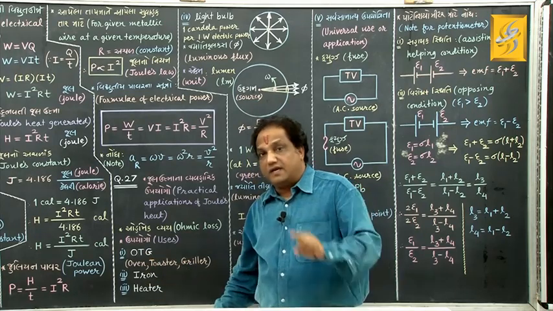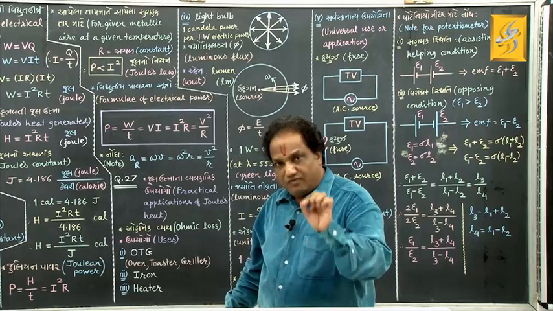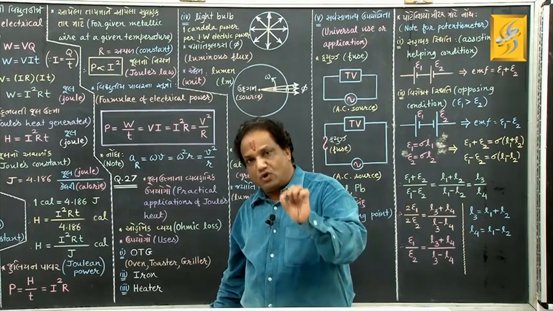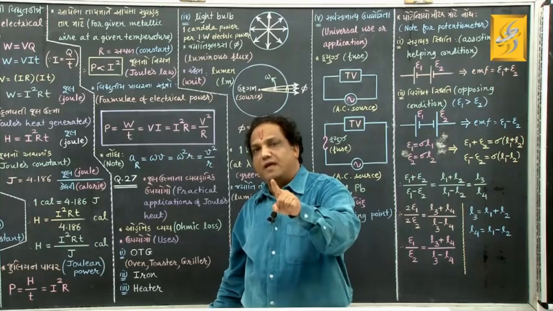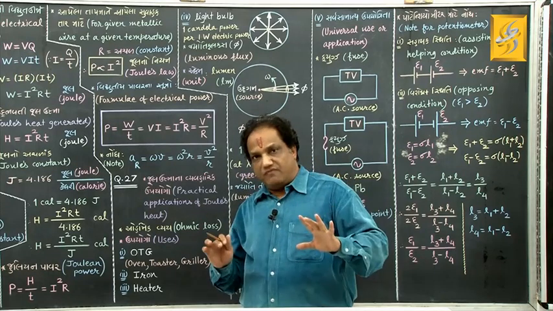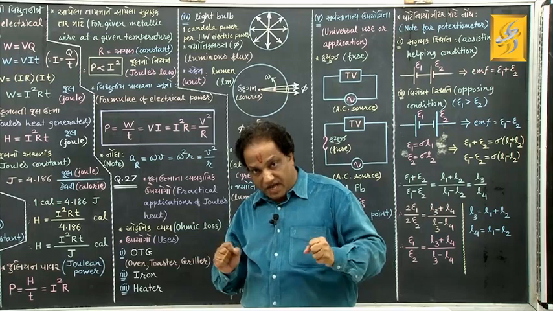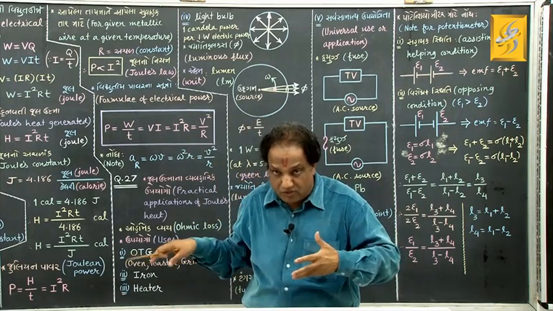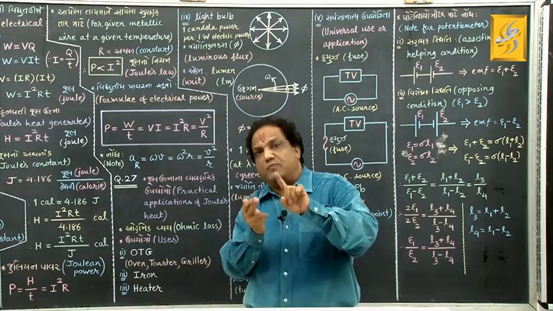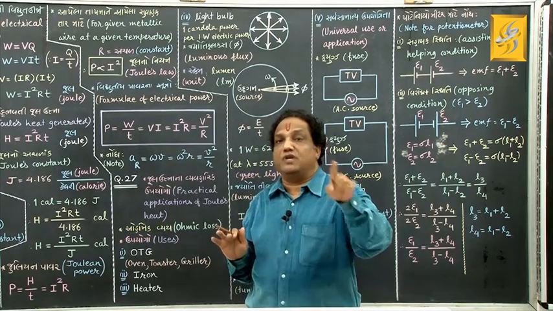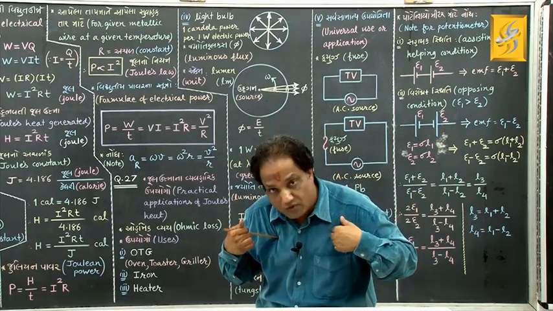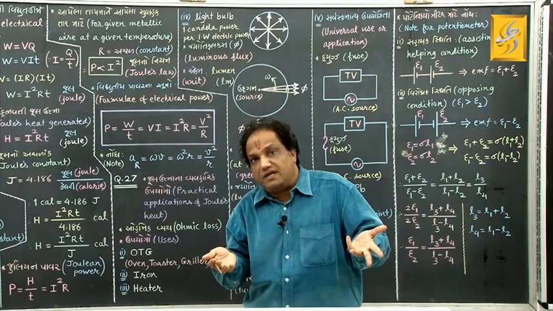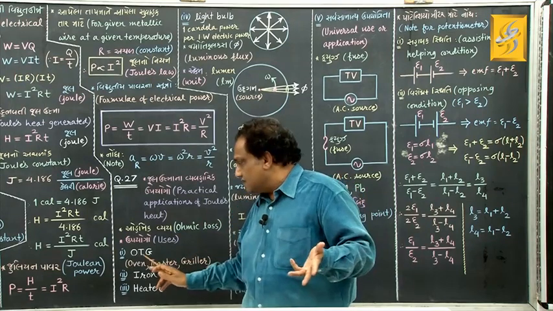This is that electrical appliance in which we desire production of only one form of energy, and that is heat energy. There we desire that whatever amount of electrical energy we are supplying to that device, the same amount must be transformed completely into heat energy. That is what we desire. So, that is the advantage of Joule's heat, because using that heat energy only we can use this device.